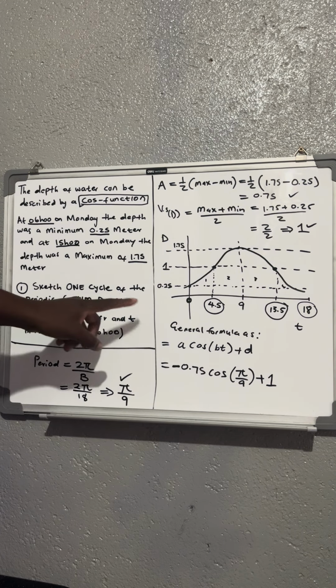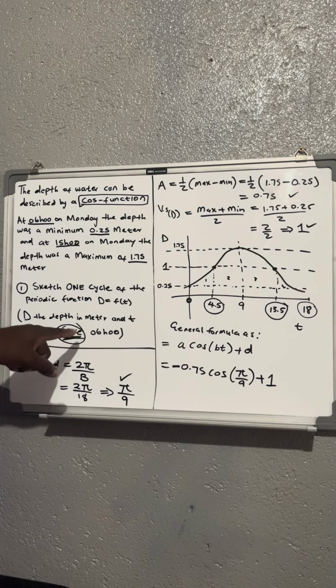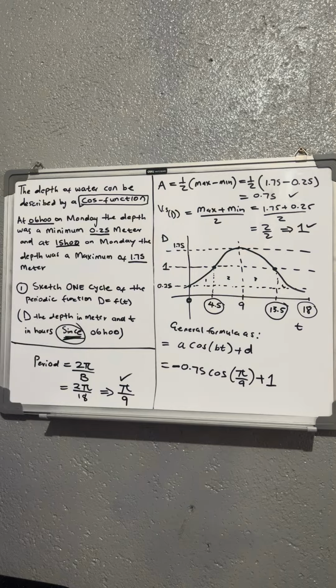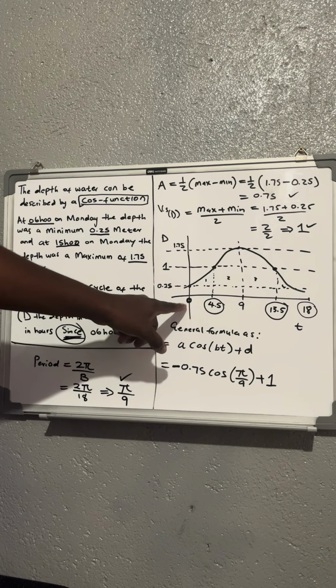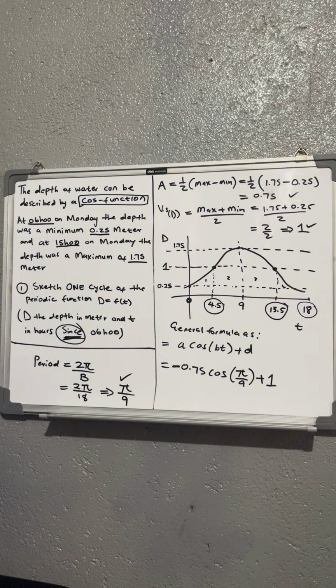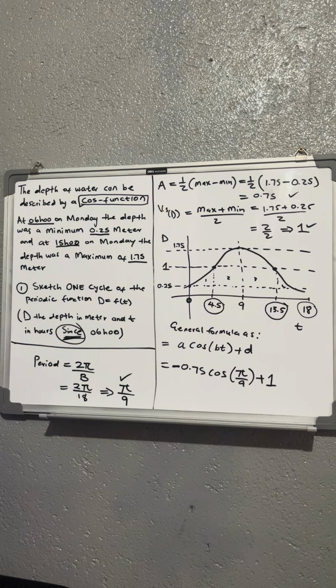They say sketch one circle of the periodic function d equals f of t, with d the depth in meters and t in hours, since the beginning or the starting point. That's why I was saying here it's taken as if this is our t equals 0, you see. So in most examples, check for such wordings, and also check for information within there to know which one is going to be your starting point, because I know most struggle with determining the starting point.